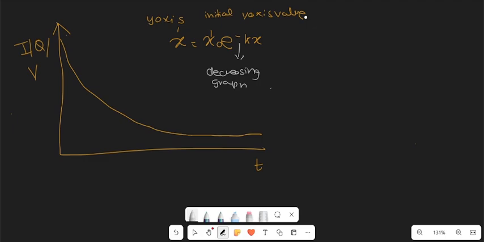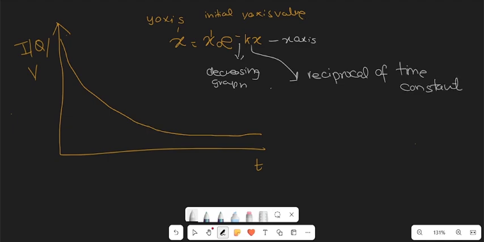Then this x right here is the x-axis, and this k, the most important thing in this case especially for capacitance, is the reciprocal of the time constant. You'll see this formula many times, and k will differ because k is just a constant, but here k is the reciprocal of the time constant.